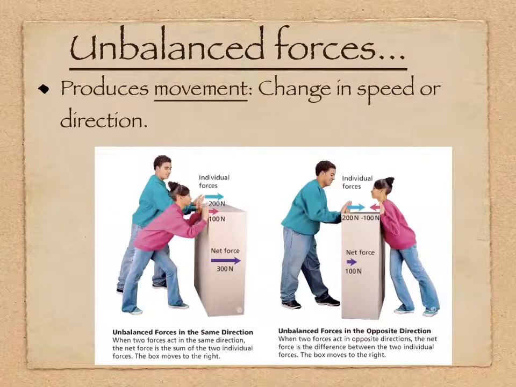So 2 people pushing in the same direction, you would add their force vectors to find out the total force that they're both pushing. 2 people pushing in opposite directions but unequal force is going to produce motion in one direction. And in this case, it is 100 newtons to the right. You would just subtract those 2.